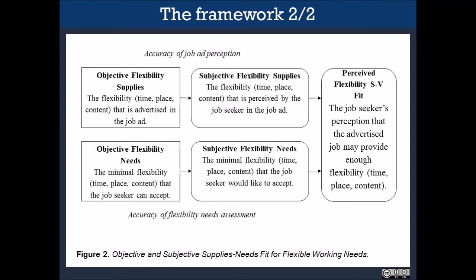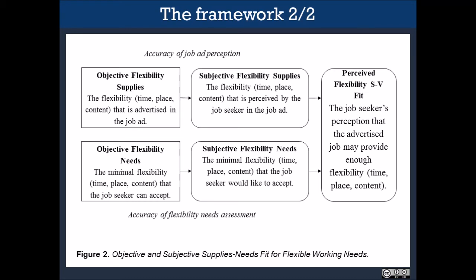So it might derive from the content of the job ad. Keywords such as teleworking, part-time job, flexibility, etc. So the job ad is containing certain keywords that are what the flexibility is of this job ad, the advertised flexibility.